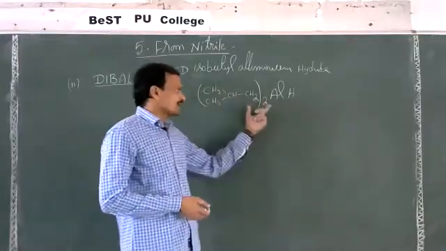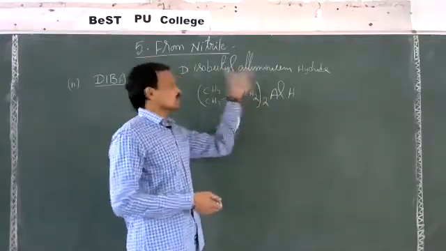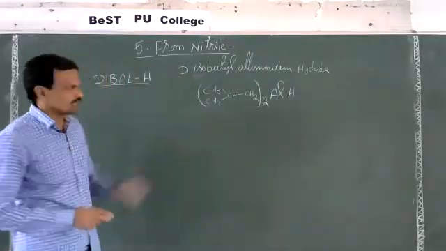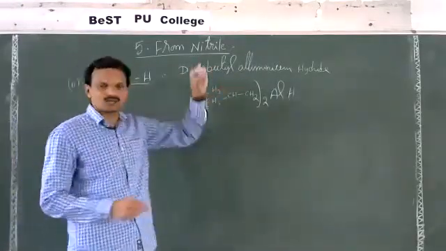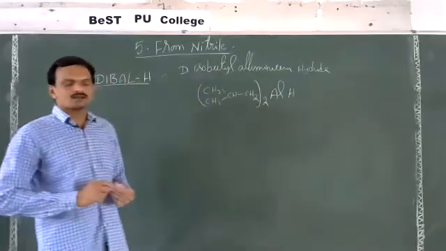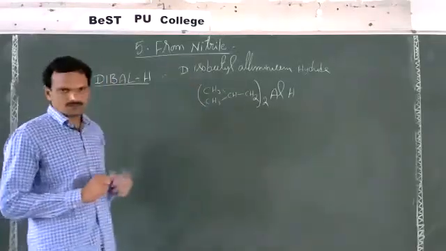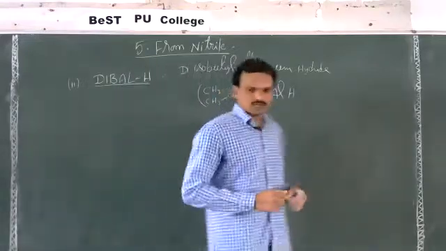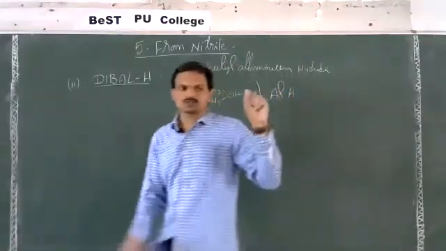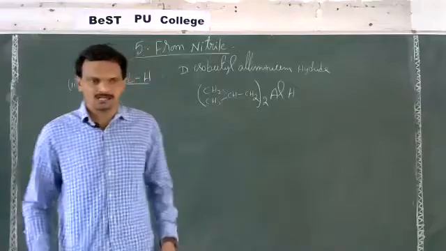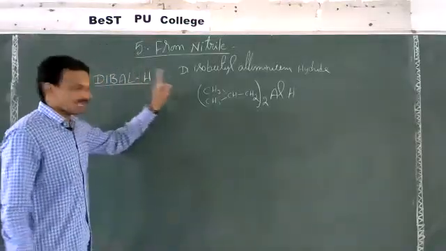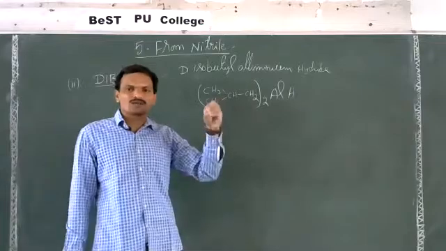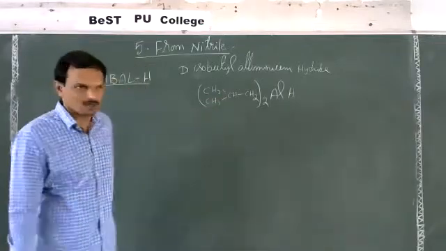It is used for controlled reduction, meaning you can reduce only some selective groups, not all unsaturations or other groups. The advantage of using Dibal H is that it is used for the preparation of unsaturated aldehydes, meaning Dibal H can reduce the given nitrile without affecting the unsaturation in the given compound.